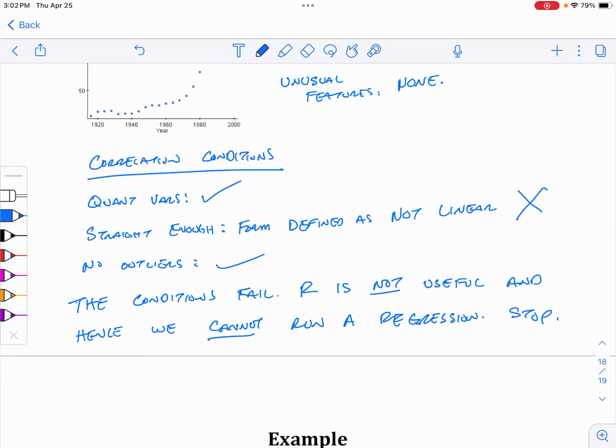The conditions fail, R is not useful if we were going to calculate it. And hence, we cannot run a regression analysis, and that's where we stop.